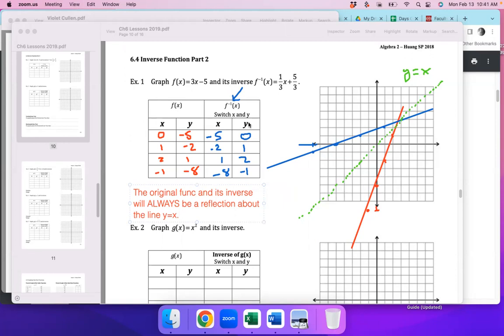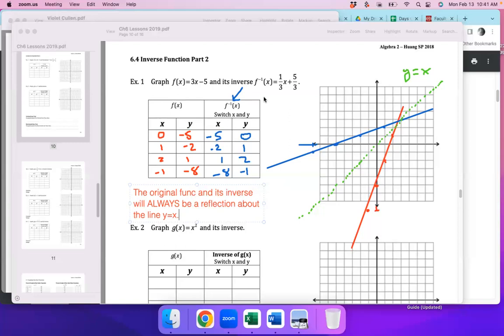So what if I took, okay, so here's what I drew, right? What if I took a pair of scissors and cut out the square graph. If I cut this out and folded this square piece along y equals x, what happens to the blue and red lines?